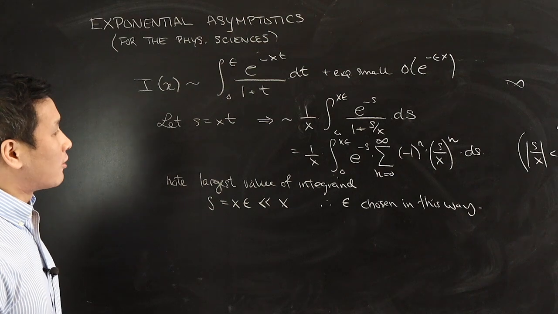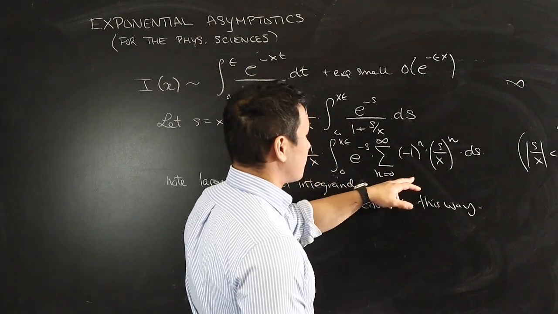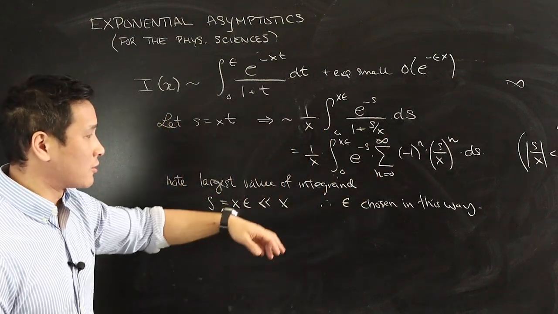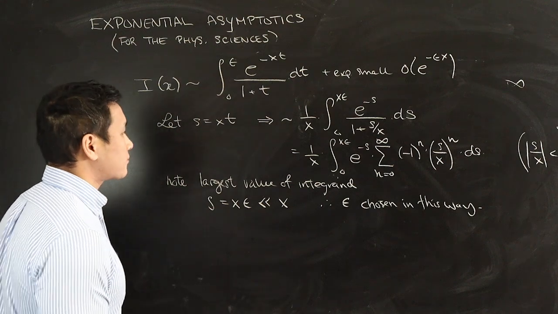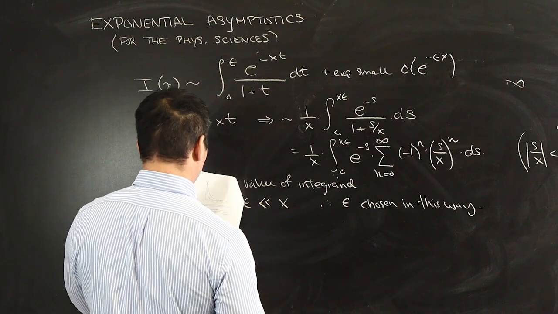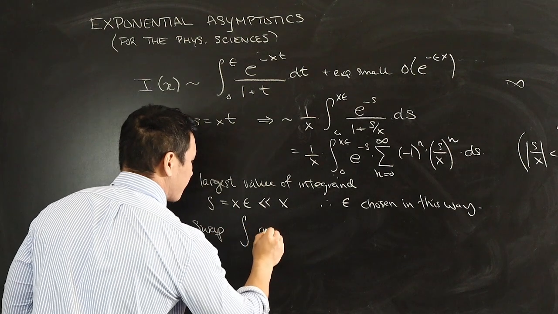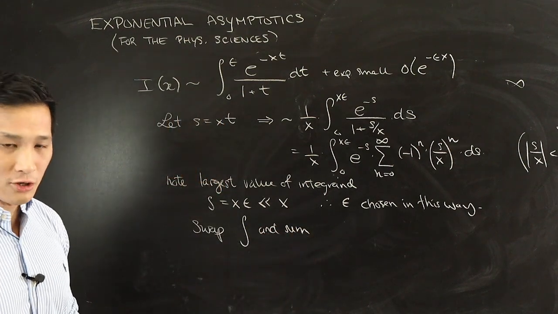Okay. Now, under this assumption, this is a uniformly convergent sum, and you get to swap the integration and the sum. And basically, we're saying that you get to integrate term by term, and it's all good.